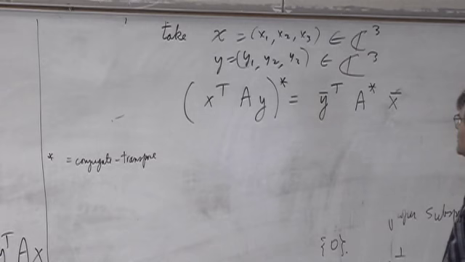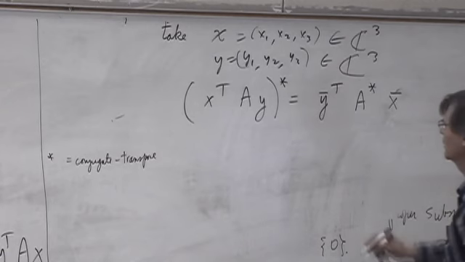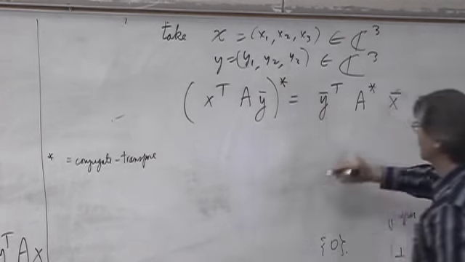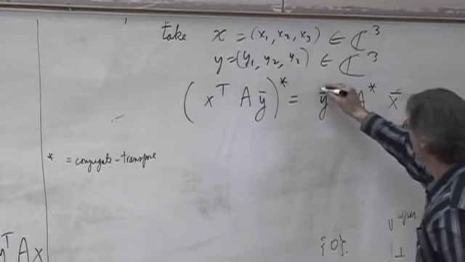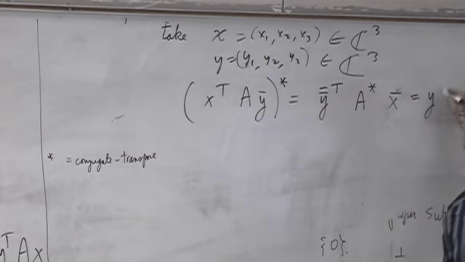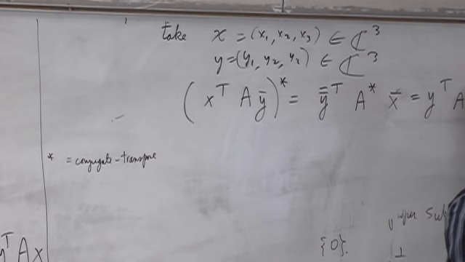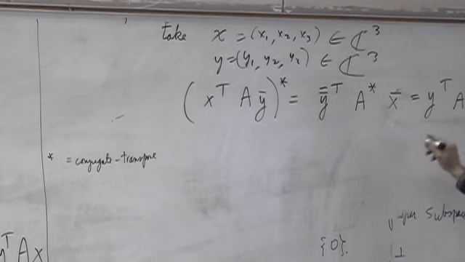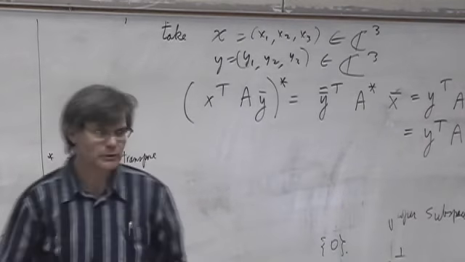I'm sorry, I started with the wrong thing. I wanted to put a bar here. So now I put a double bar on here, which is equal to y transpose A star x bar, which would be equal to y transpose A x bar, if I assume that A is equal to A star.